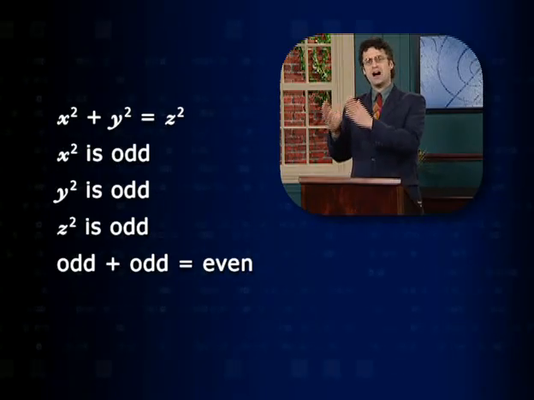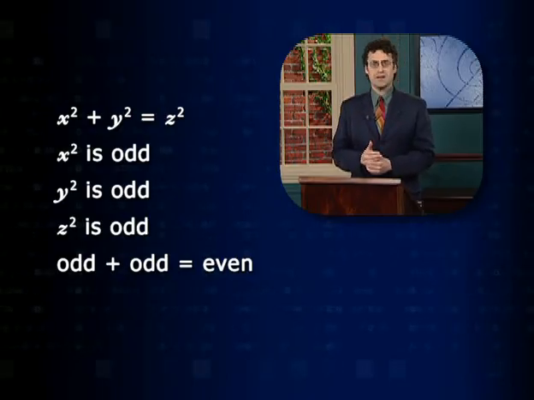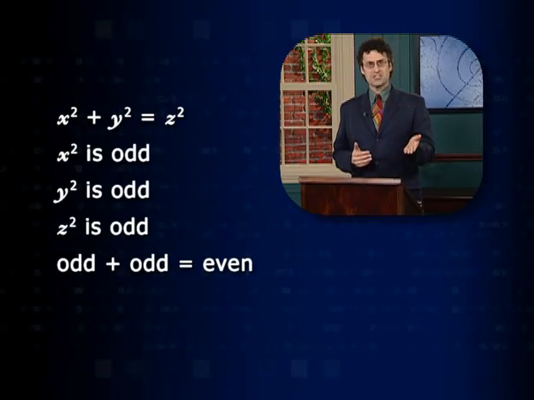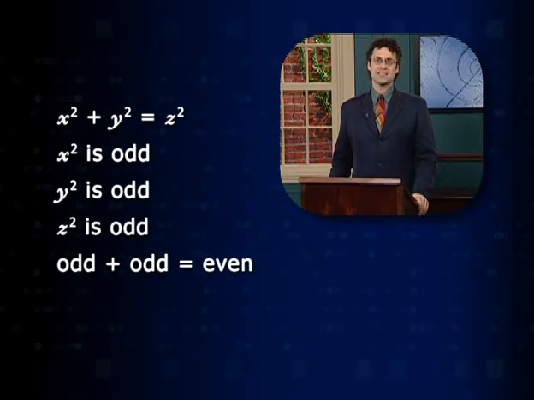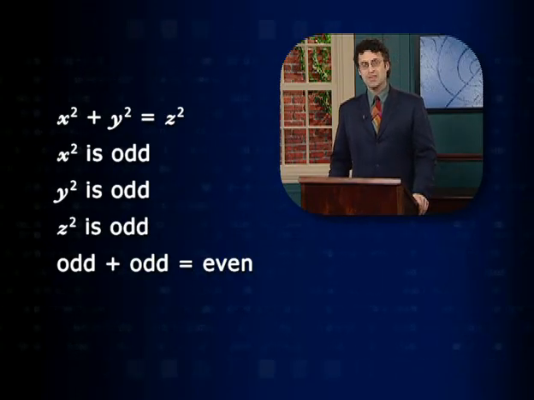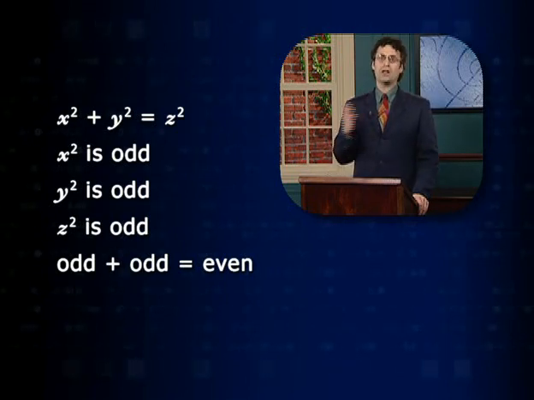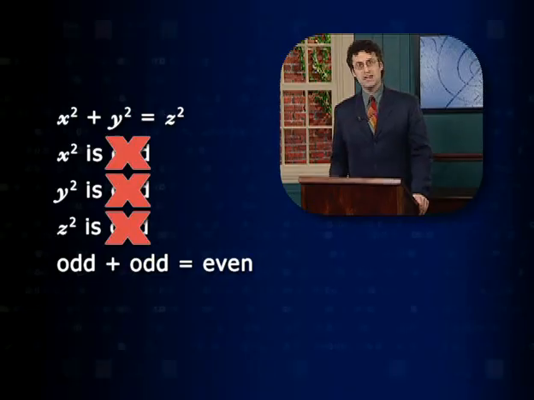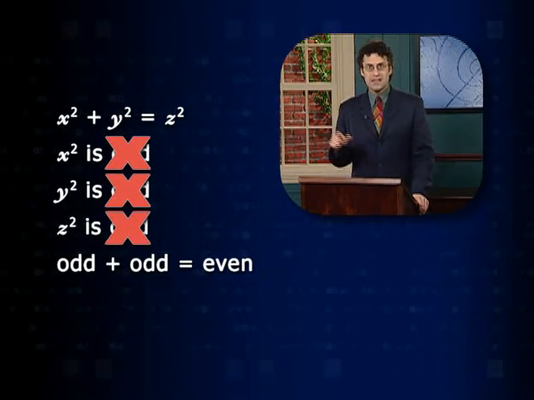So that means that the odd x squared plus the odd y squared is going to yield an even number, z squared. But we assumed that z squared also is odd, and that leads us to a contradiction. Therefore, our assumption that we could find x, y, z all odd is false. In other words, there has to be at least one number that's even in this Pythagorean triple.